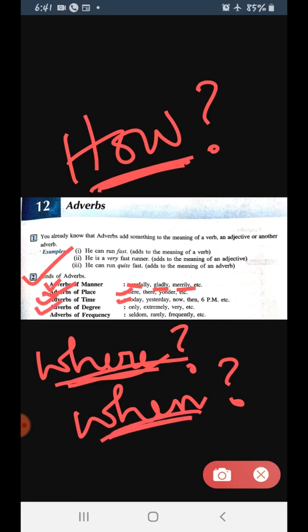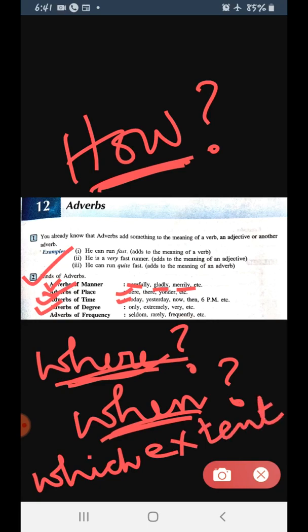Next, adverbs of degree. Adverbs of degree show the amount or up to which extent. That means which extent, कितने हद तक.